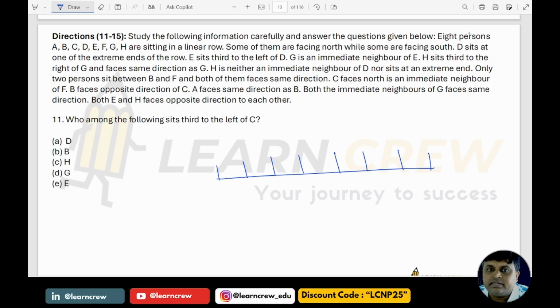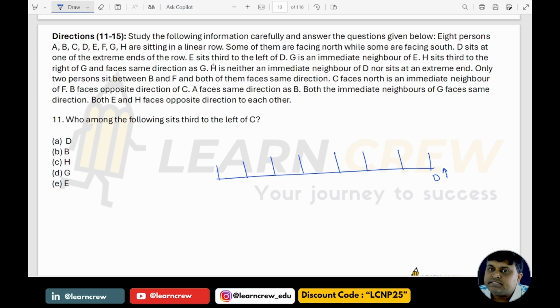Now if you see here, D sits at one of the extreme ends of the row, and it is given that E sits third to the left of D. If for example D is here and facing north, only left is possible.